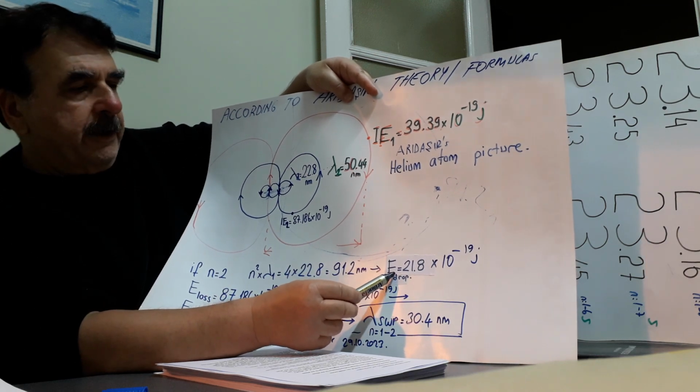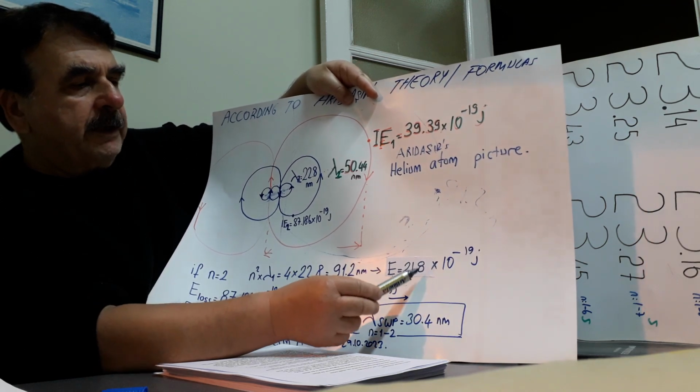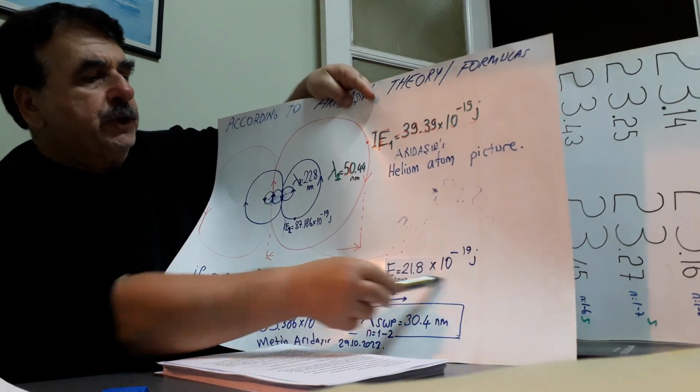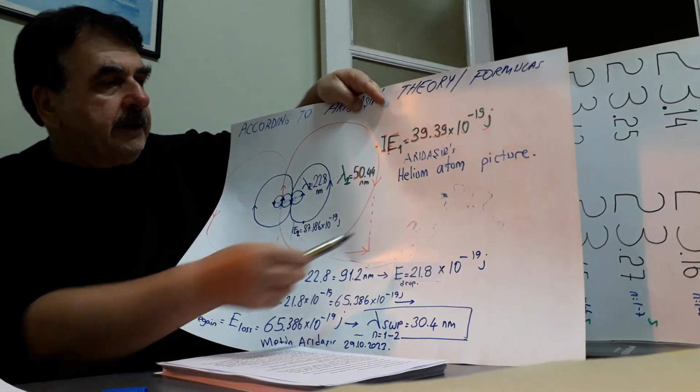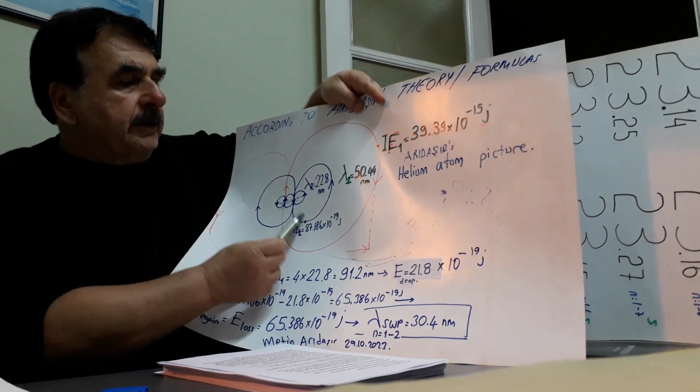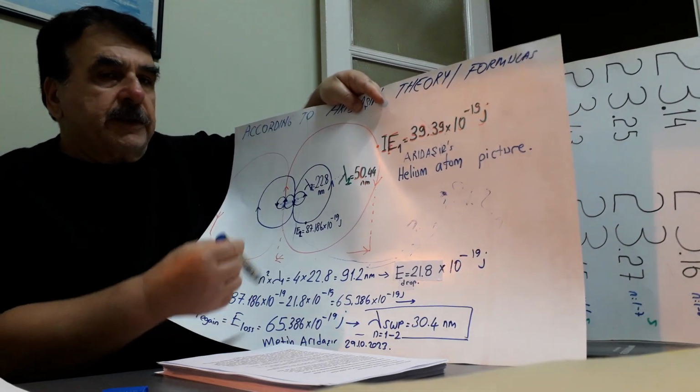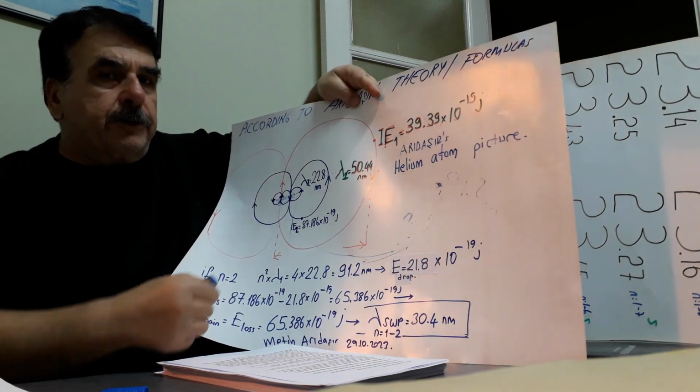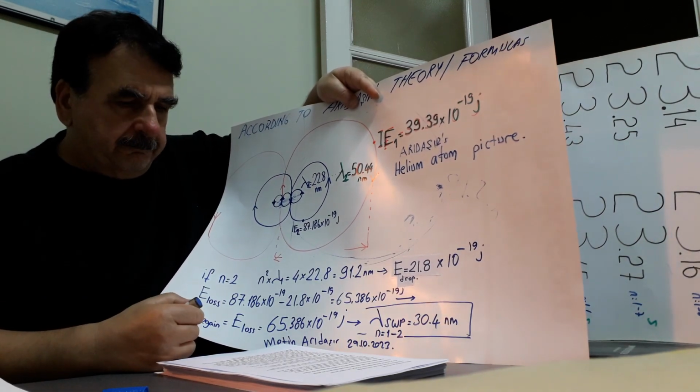This dropping energy, 21.8 times 10 to the minus 19 joule. Okay, at this expanded point, this electron motion form's energy dropped.